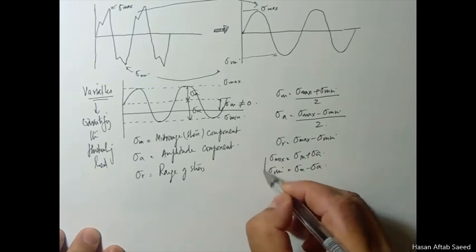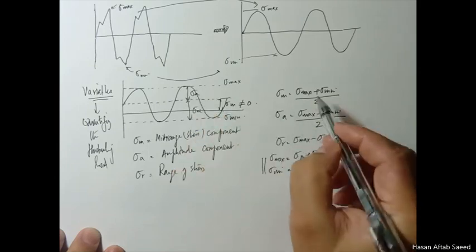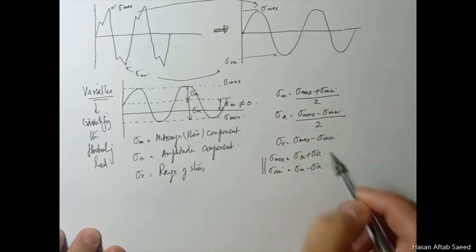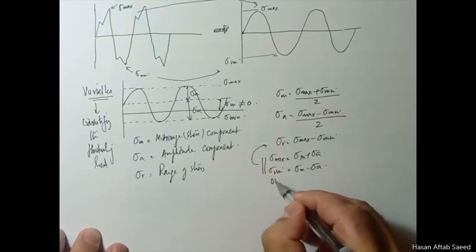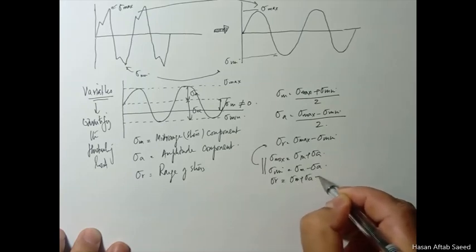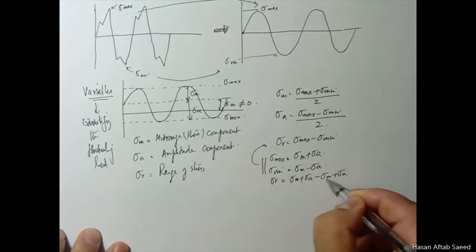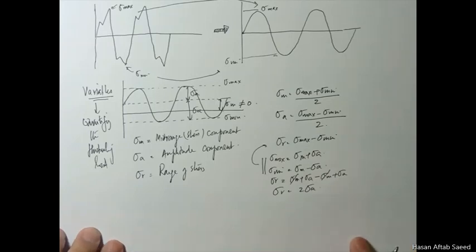So if you use these two expressions, and you can get these obviously from the figure, and you can also use these expressions to get these. It's the same thing. Now, if you put these back here, sigma r turns out to be sigma m plus sigma a minus sigma m plus sigma a, and sigma r is equal to nothing but 2 sigma a. So this is another variable that quantifies.